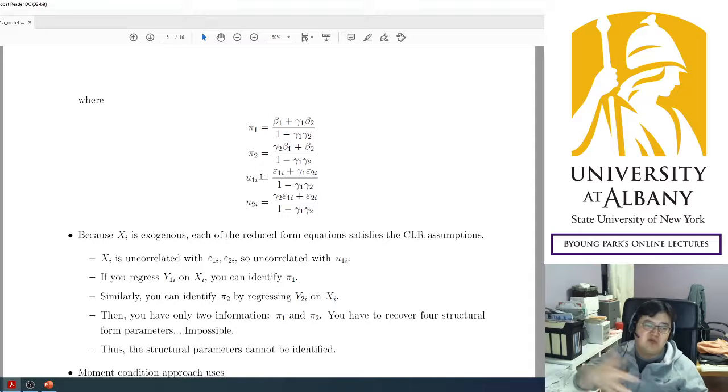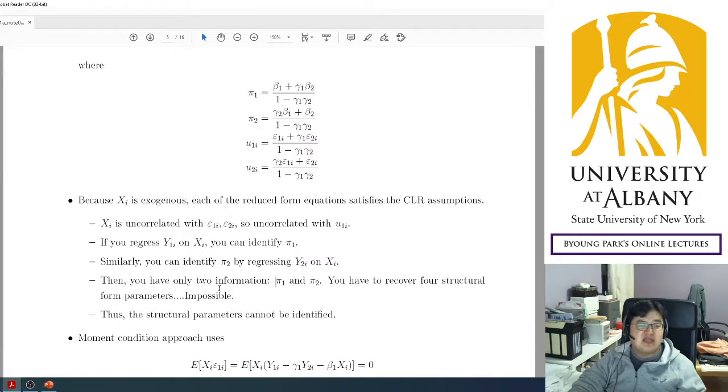But the real problem is converting the estimation results from the reduced form equations into the parameters of the structural form equations. And that is not possible because you only have two pieces of information, pi1 and pi2, 2 degrees of freedom, but you have to determine 4 parameters. Simply, it's not possible.